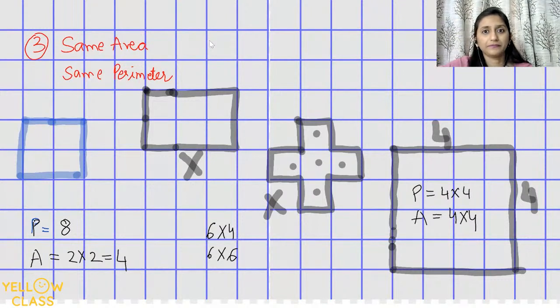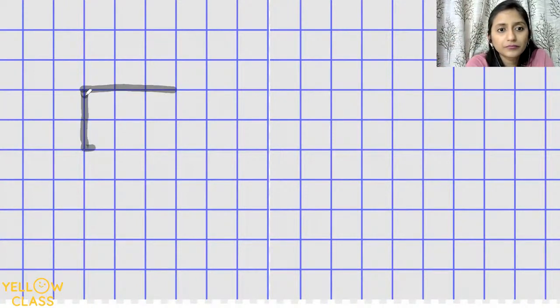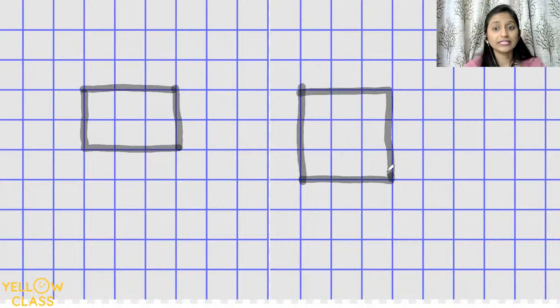Okay, now tell me, which of these shapes have more area? A or B? Write in the chat fast, fast, yes. Which has more area? It is B.